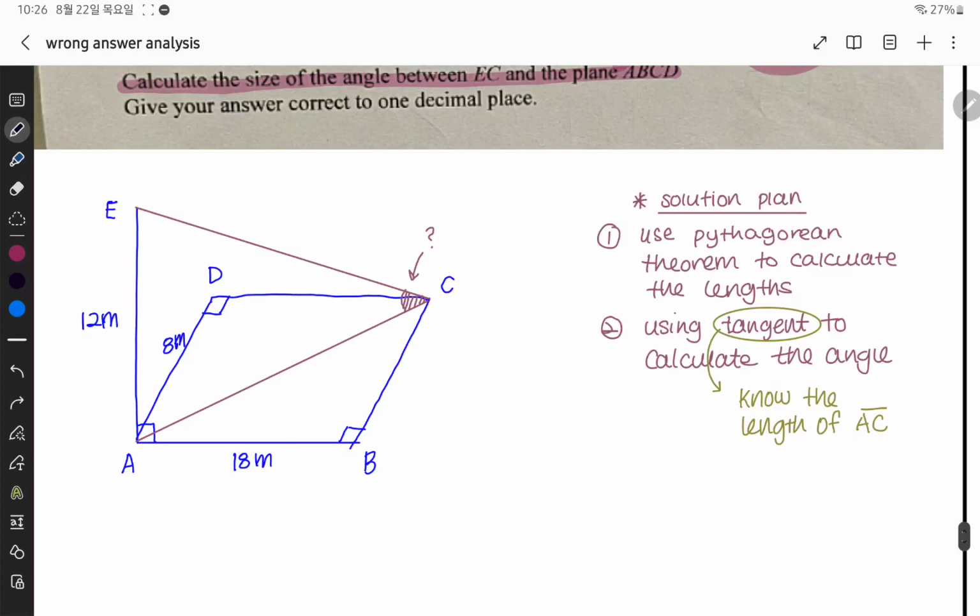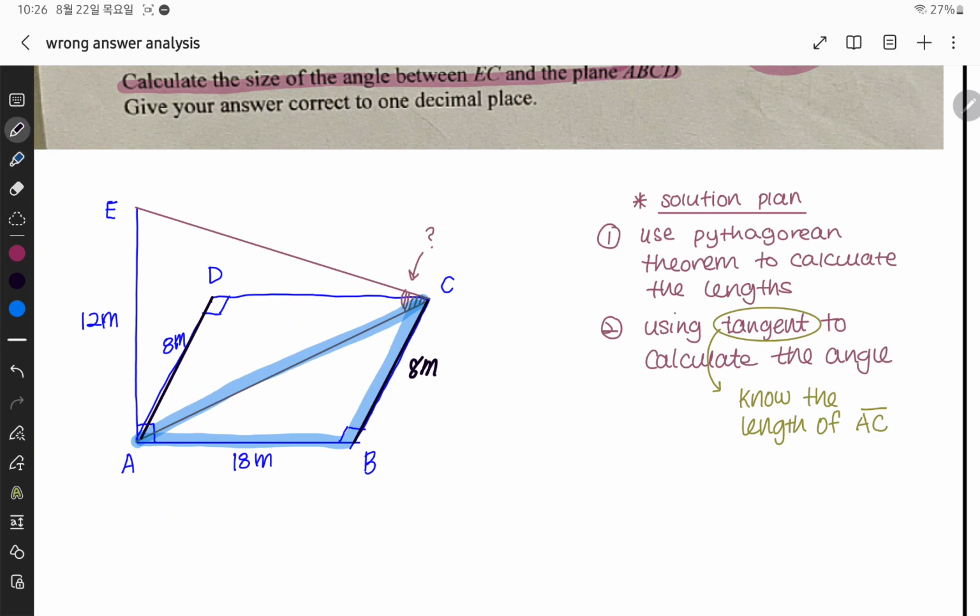So first of all, we know that since it's a rectangle, this side AD is going to be equal to BC, correct? So this part is also going to be 8 meters. And we can use the Pythagorean theorem to calculate the length of the hypotenuse of triangle ABC, right? Because it's a right triangle.